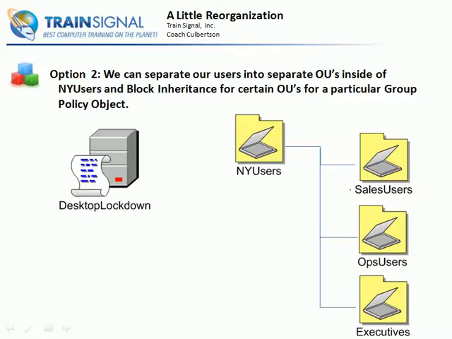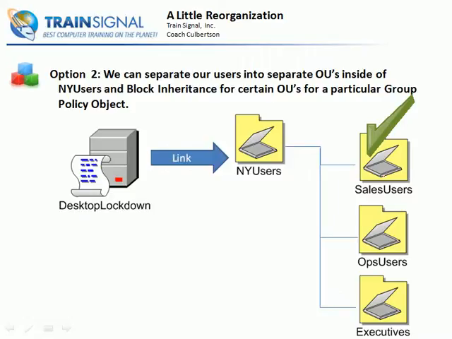Again, we're still going to be breaking out our sales users and ops users and executives into separate organizational units. And we can still apply desktop lockdown to the New York users. Now, here's the thing. By applying and linking this desktop lockdown to NY users, it's also going to apply to all the users in sales users because remember that whole folder inheritance thing we were talking about?